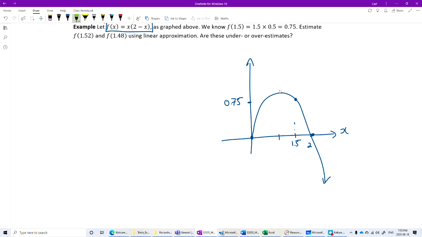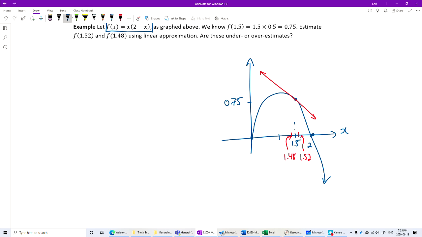And now I'm going to use the linear approximation, which is this straight line here. And I'm going to determine the function at two nearby points. So I'm going to use 1.48 and 1.52. It's so close, it's a bit hard to indicate it.